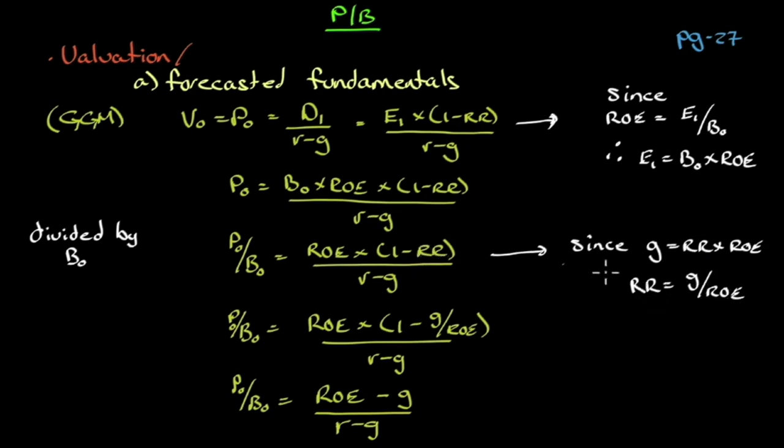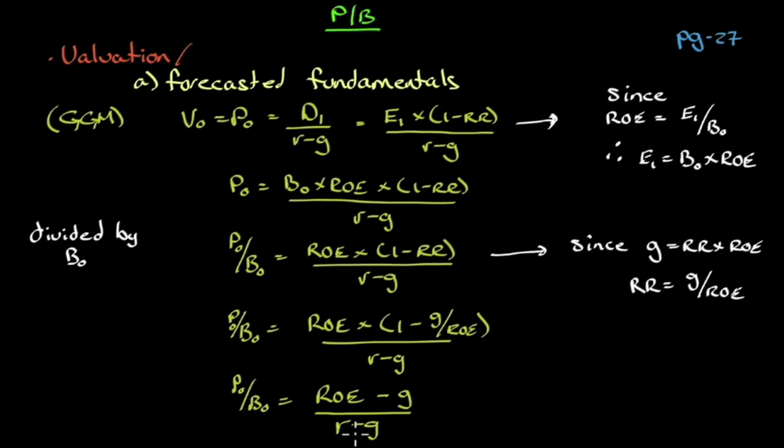So let's substitute g divided by ROE in for RR. We'll get ROE times 1 minus g over ROE. Well, if you expand that out, you'll have ROE times 1 minus ROE times g over ROE. The ROEs will cancel out. You'll be left with ROE minus g over r minus g. So what is this telling us?